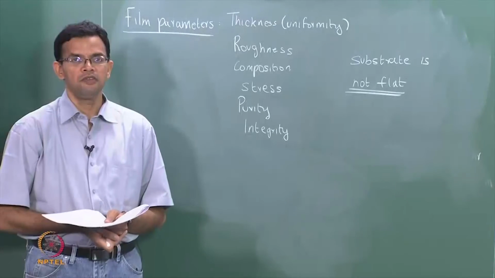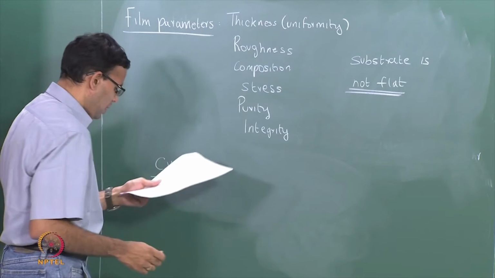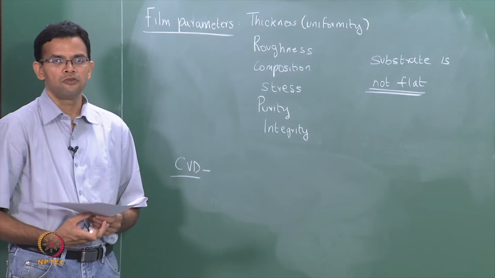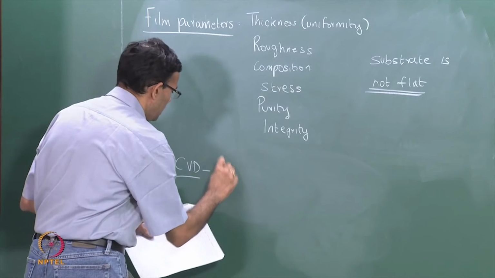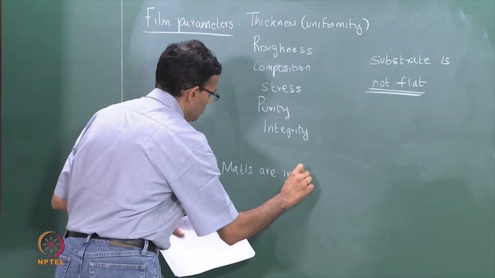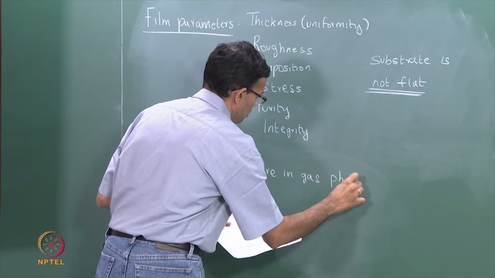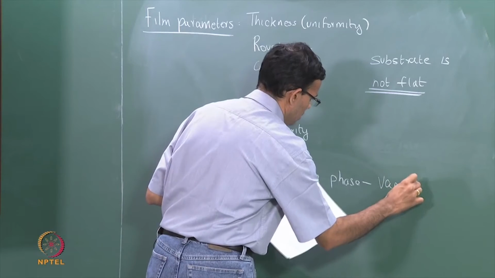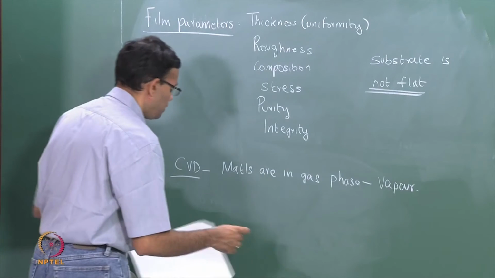So in the case of CVD, which is chemical vapor deposition, your materials are introduced in the gas phase and these then react to form the film that you want, which then gets deposited. So the materials are in the gas phase, so they form a vapor, which is why it is called vapor deposition, and these then react in the chemical reaction to give you the final film.